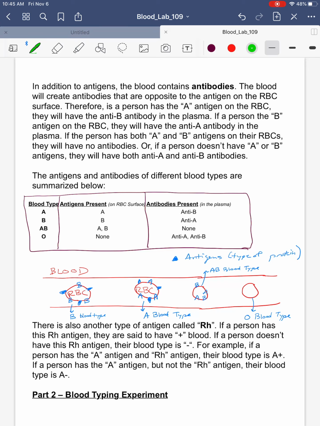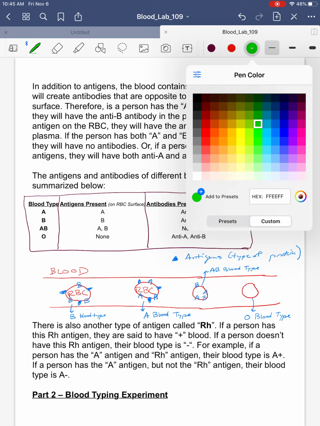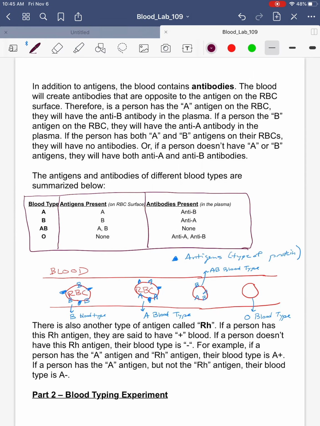But, I'm an A positive blood type, so I can have blood from an A positive person. If someone is B negative, they can have blood from a B negative person. Now, there are some caveats. Let me go back. Let's do purple. Type O is the universal donor.